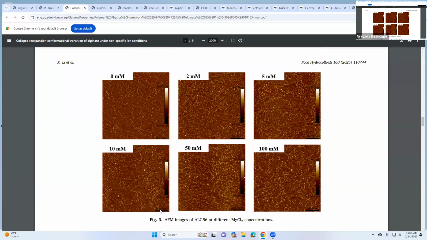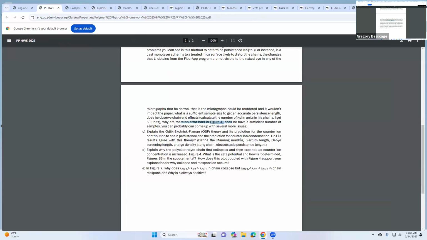So that line is about maybe maximum 10 units, right? And then you can figure out the chains are about, I think I got that the chains were about 50 units long, and each persistence unit, so you can figure out the molecular weight of the chains from that.